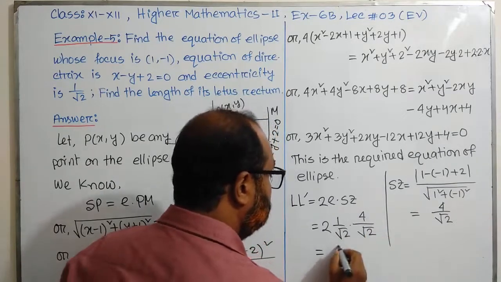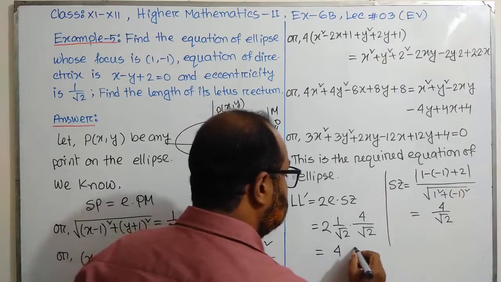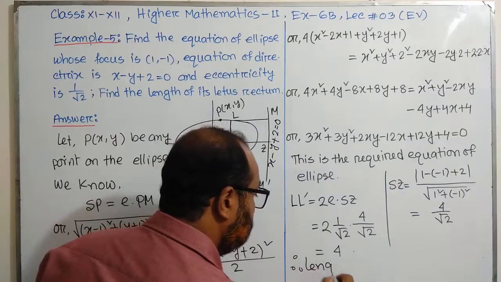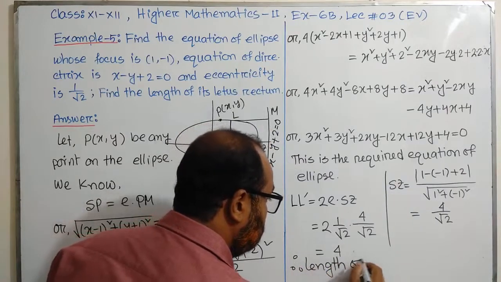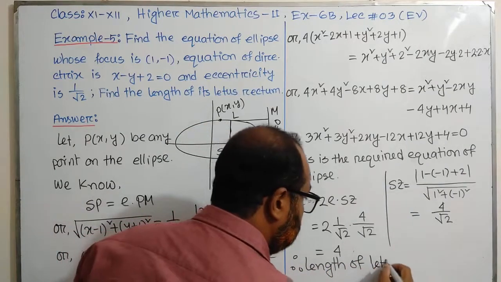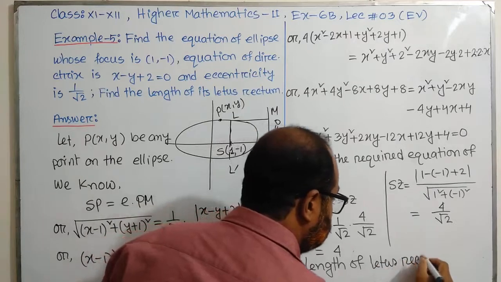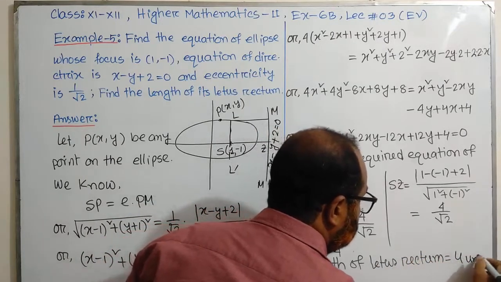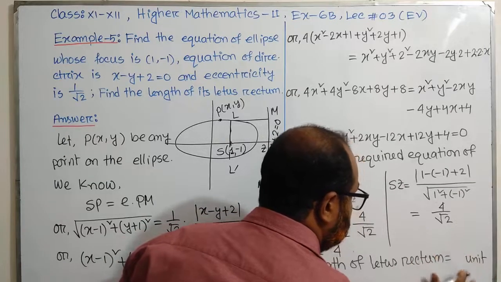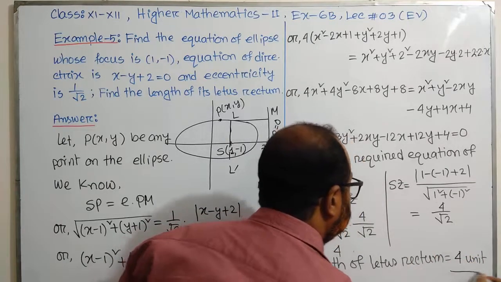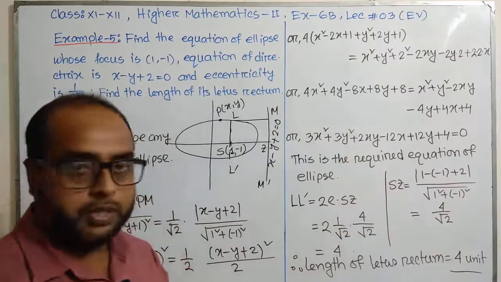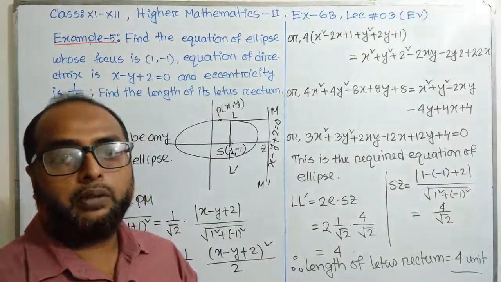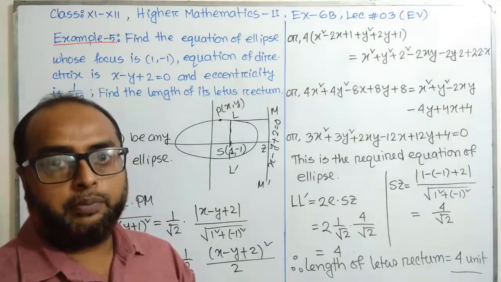Therefore length of latus rectum equal 4 unit. This is the answer. Dear students, wish this question is clear to you. Now our second problem.